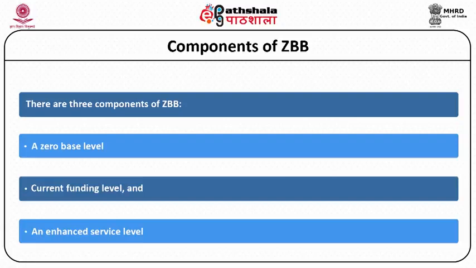Then the fourth point in this case will be the communication. While in case of traditional budgeting, communication is usually vertical. While in case of zero-based budgeting, it is vertical and horizontal both. Last but not the least is the approach.